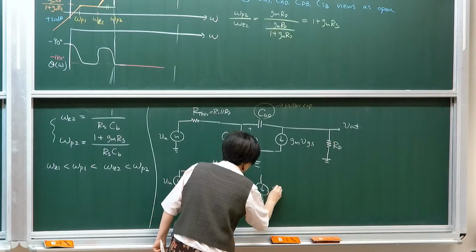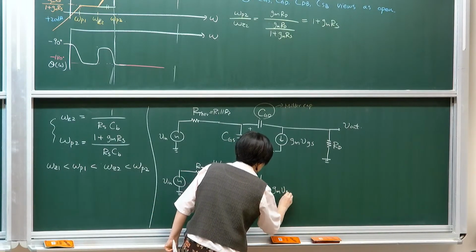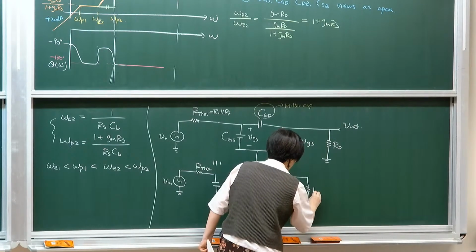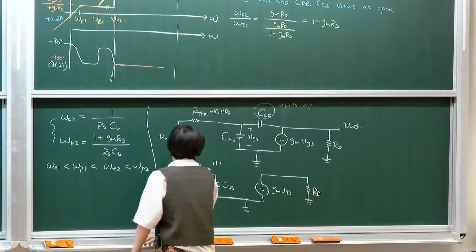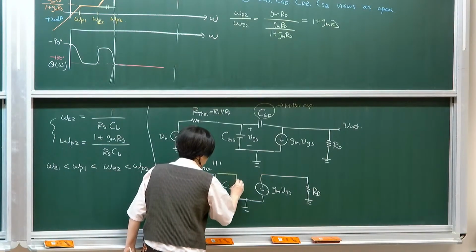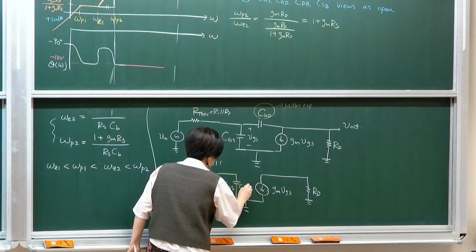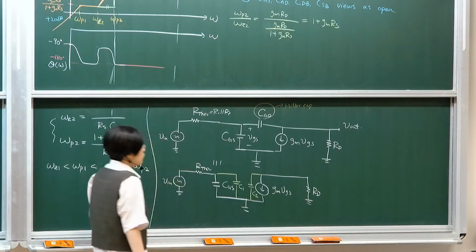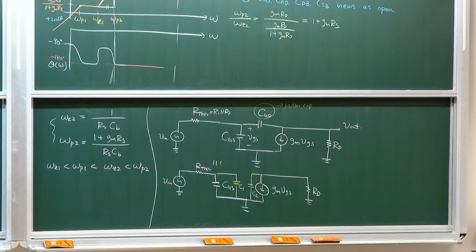This will be still gm vgs, RD. So my CGD would then be separated into equivalent capacitance C1 and C2, if you think about it this way.